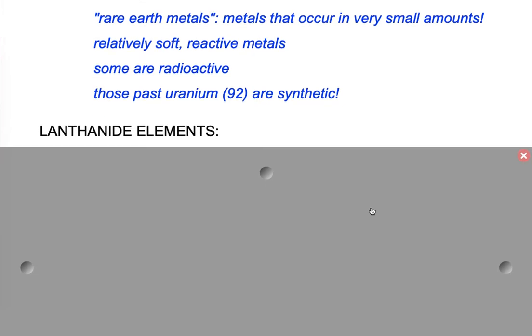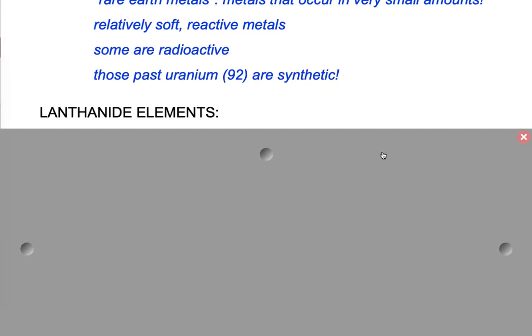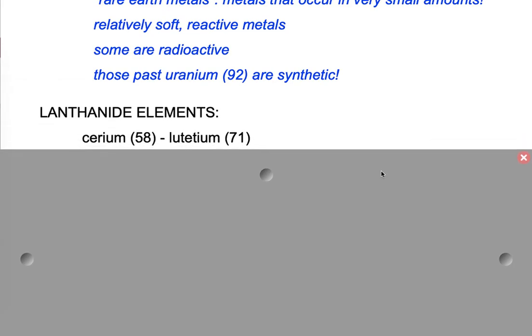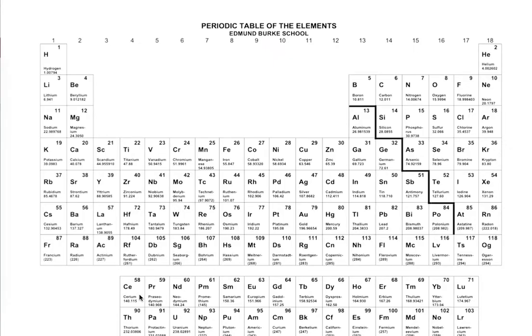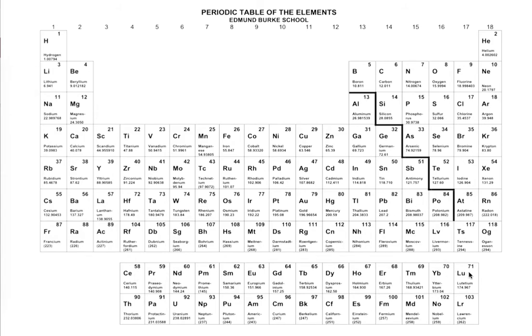There are two series called the lanthanides and the actinides. The lanthanide elements comprise elements cerium through lutetium, number 58 through 71. They actually fall between lanthanum and hafnium. So if we go back and look at the periodic table, this first row, 58 through 71, cerium through lutetium, are called the lanthanides because they follow lanthanum.